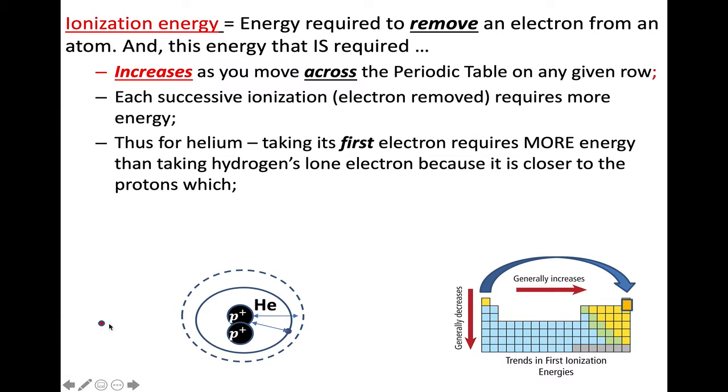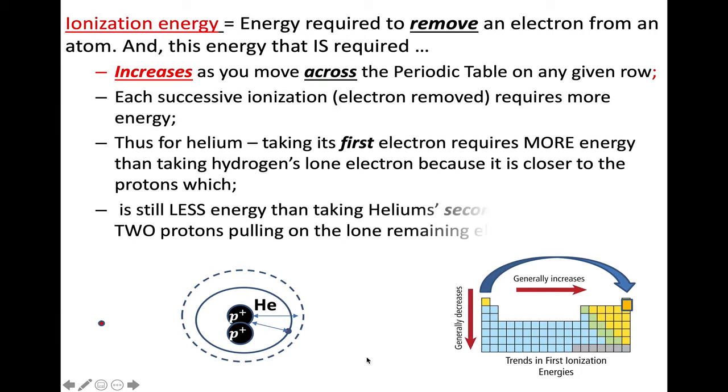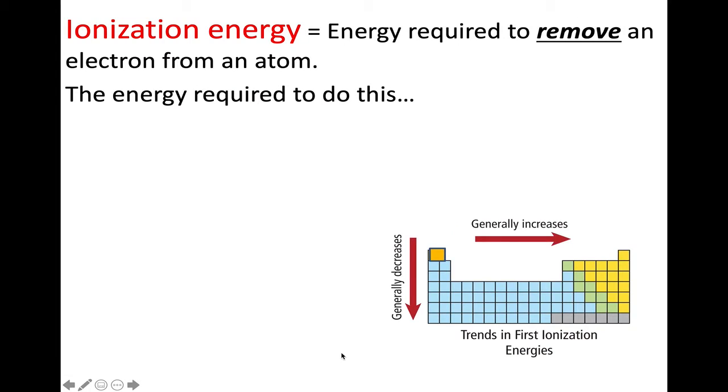It takes more energy to pull that off than hydrogen's. But it's still less energy than taking helium's second electron, the second ionization, because I have 2 protons pulling on the electron.